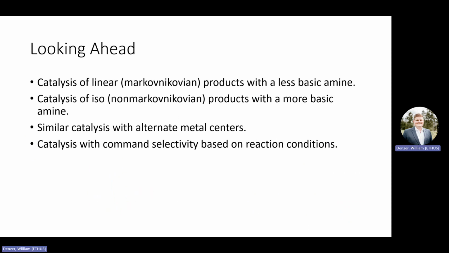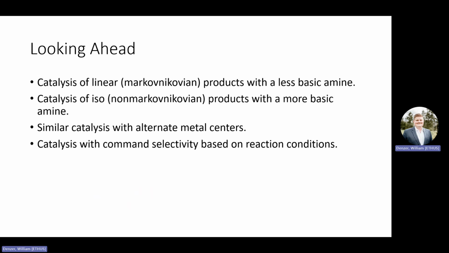So looking ahead at what sorts of research can be followed up on in the future. We talked earlier about Jimenez's team, which was able to show when using weakly basic amines, they could get linear products.